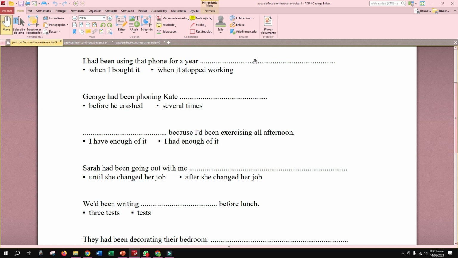Which could be the correct one for you? So you can say when it stopped working, right? So that will be the correct complement for that sentence. I had been using that phone for a year when it stopped working.